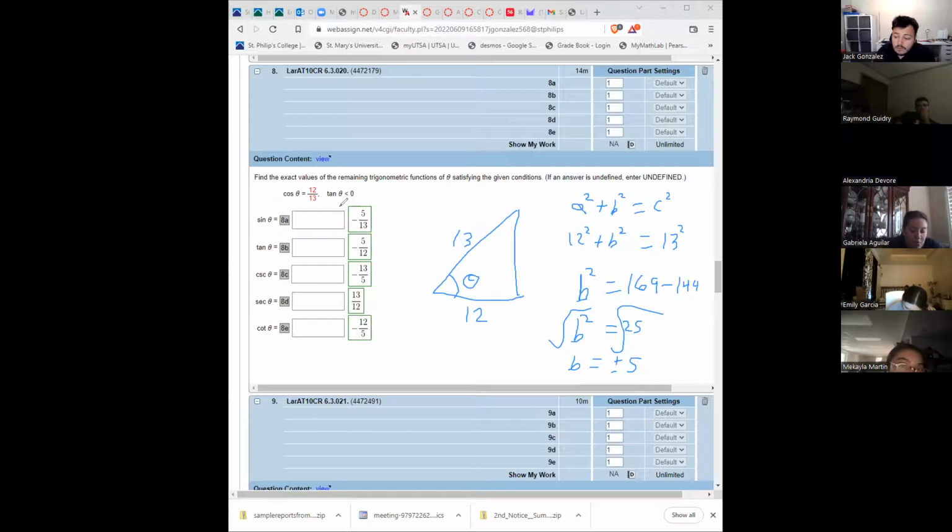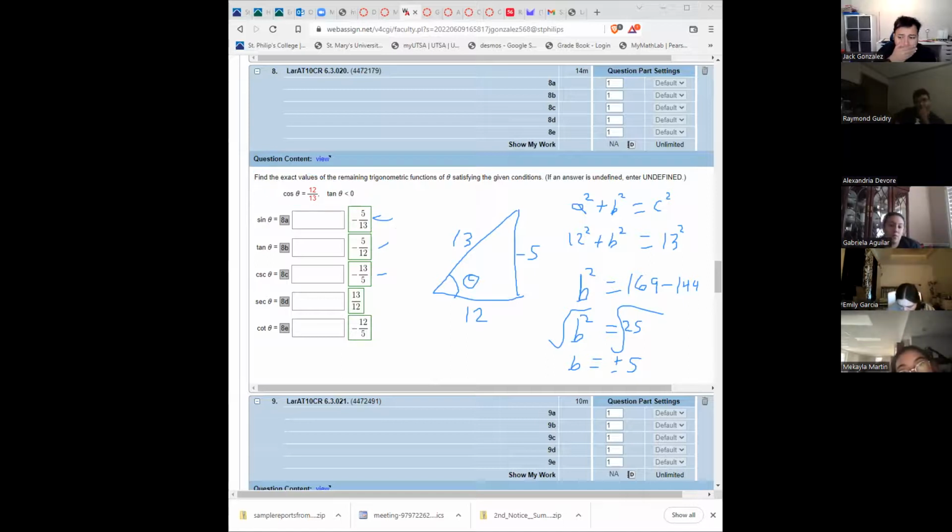Since we are in quadrant 4, we know that the y value has to be negative. We know that sine is negative. See, that's why these values right here have a minus, because we chose minus 5. So now it matters what quadrant we're talking about.